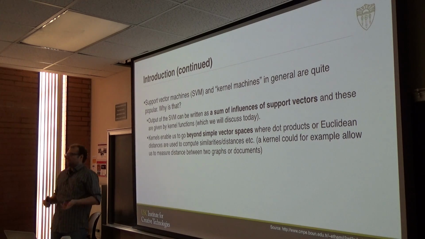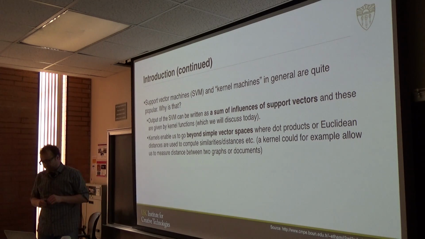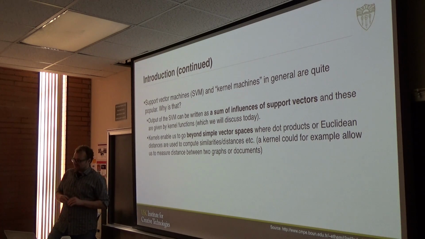Yeah, and the dot product between million dimensional vectors is not too complicated, but there are more complicated ones. So the idea basically of a kernel is to allow you to more quickly compute the similarity between two vectors.